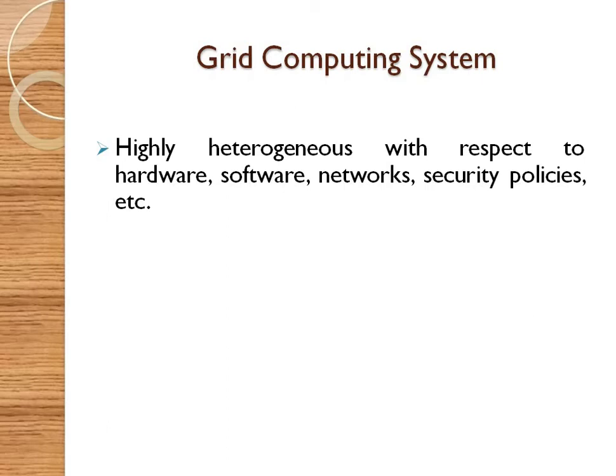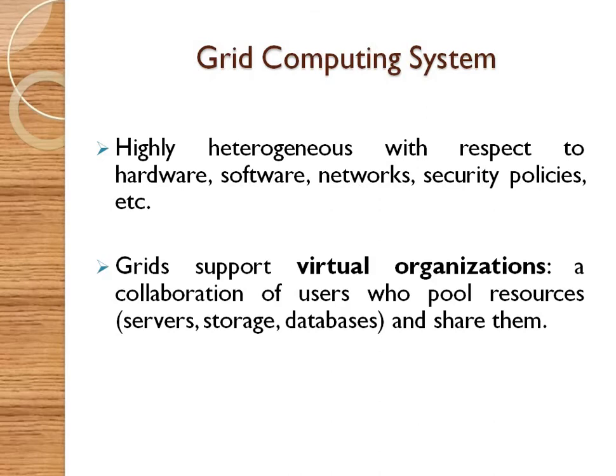No assumptions are made concerning hardware, operating system, networks, administrative domains, security policy, etc. A key issue in grid computing system is that resources from different organizations are brought together to allow the collaboration of a group of people or institutions.